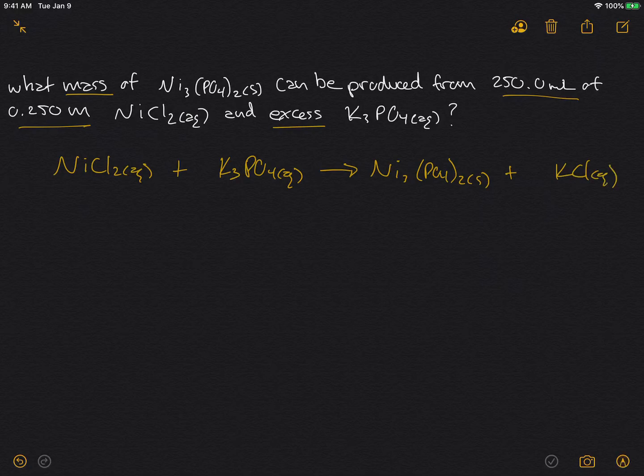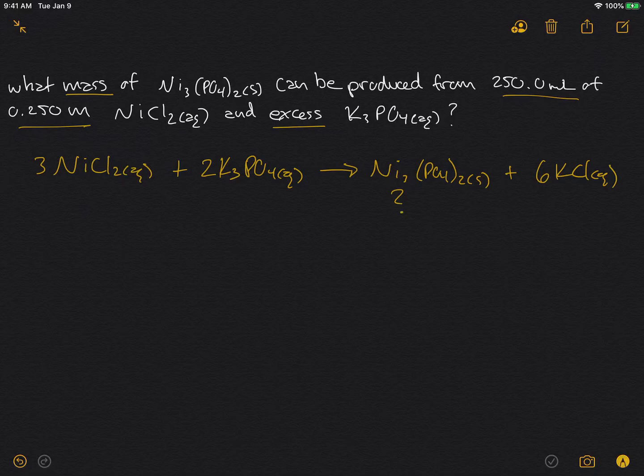Let's make sure this is balanced. I see 3 nickels on the right, so I'm going to put a 3 in front of nickel chloride on the left. And I see 2 phosphates on the right, so I'm going to put a 2 in front of potassium phosphate. Then you can count up your potassium ions and chloride ions, and you'll find that there are 6 of each of those.